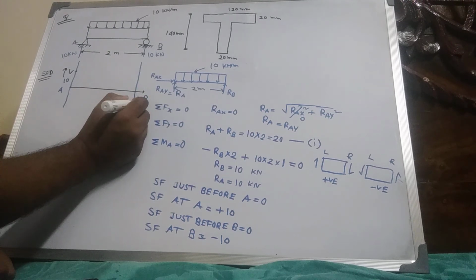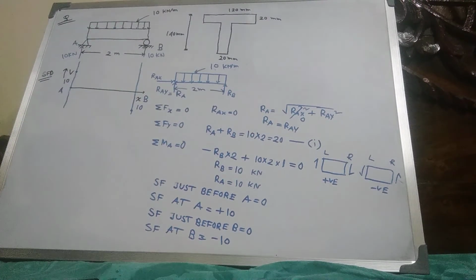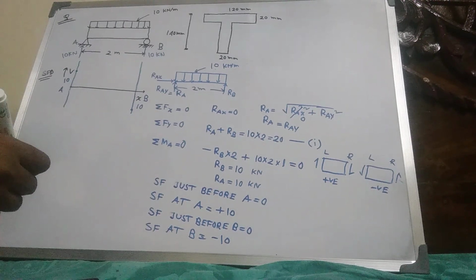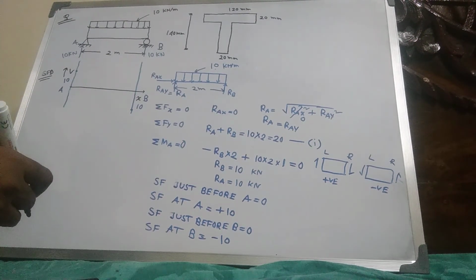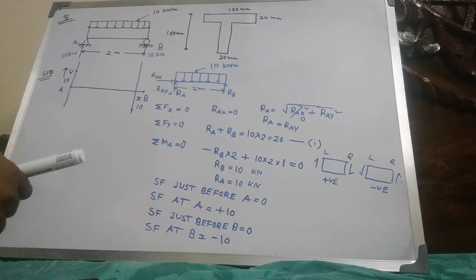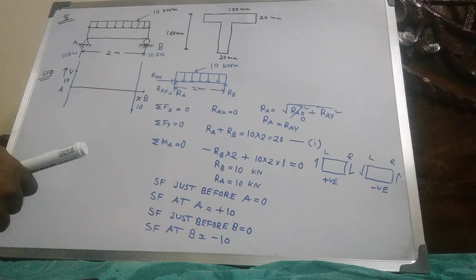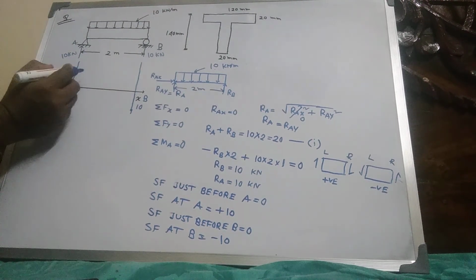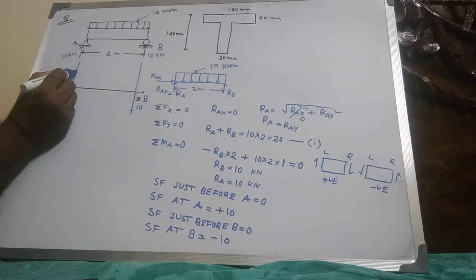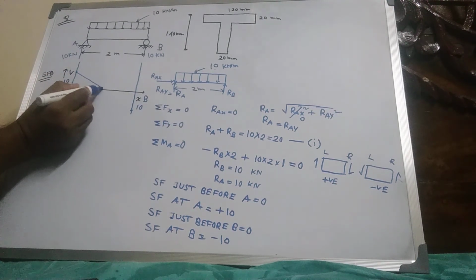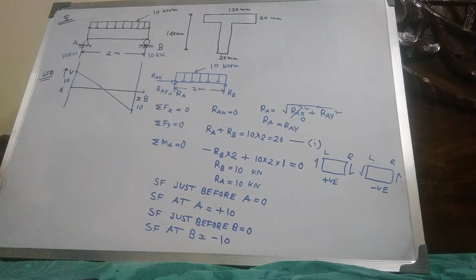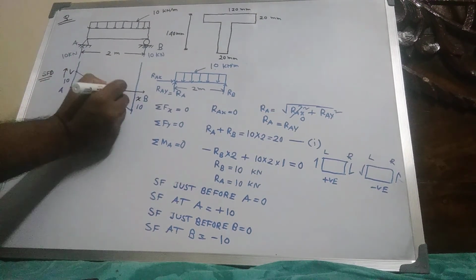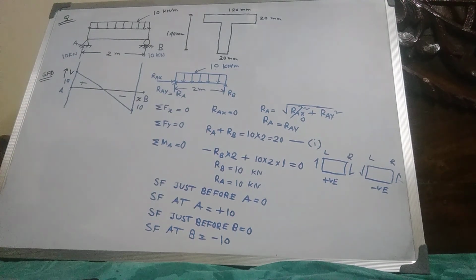When a UDL acts between two points, the shear force diagram is an inclined straight line. This is positive, this is negative shear force diagram.